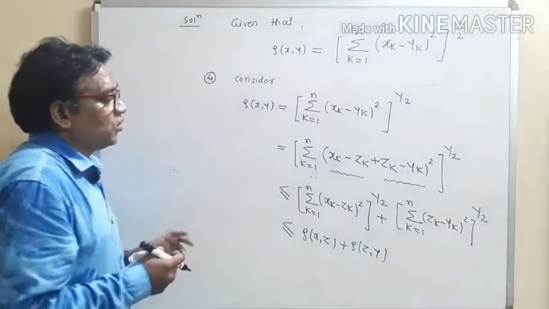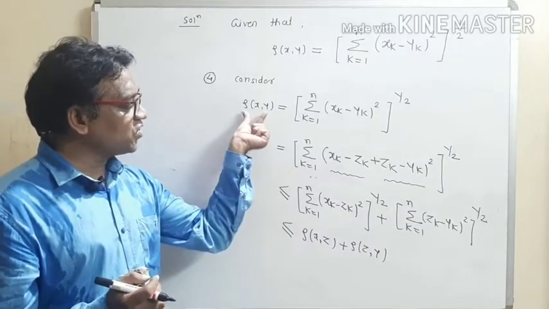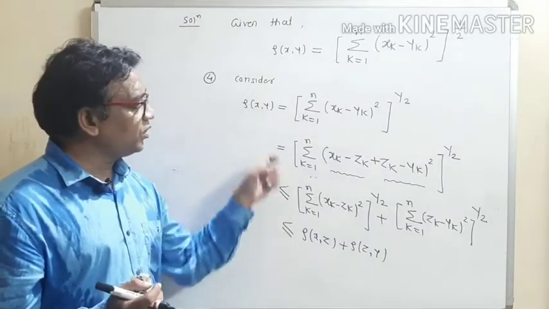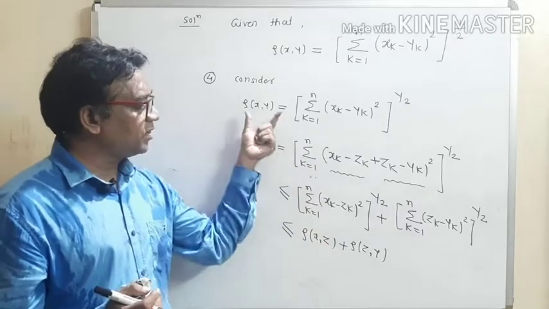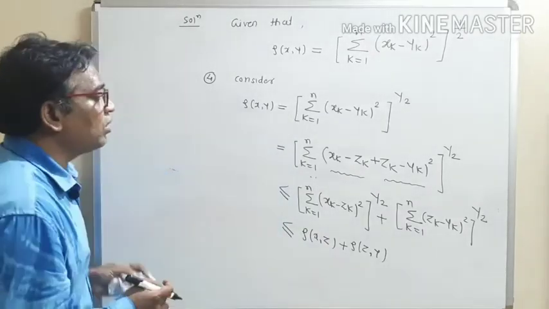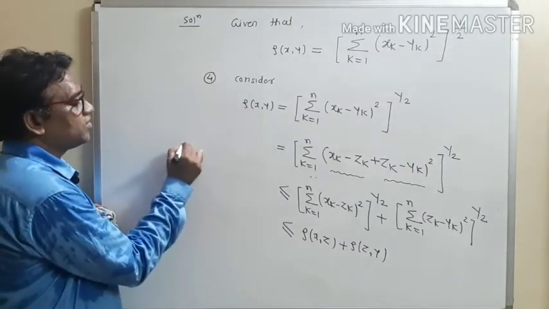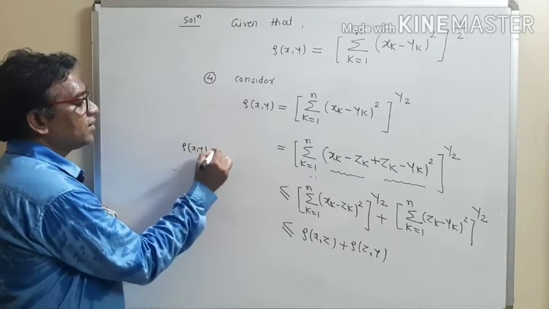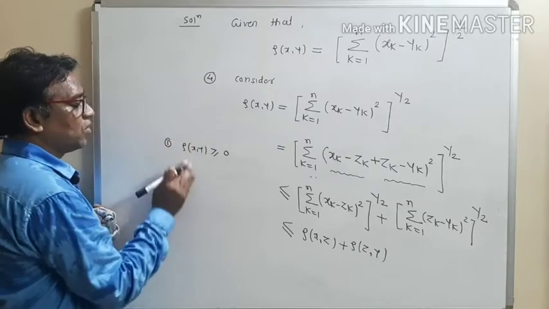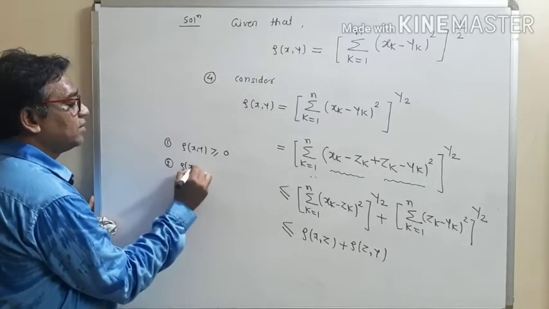So see, we have shown the triangle inequality property: distance of xy is less than or equal to distance of xz plus distance of zy. So we have seen all the 4 conditions of a metric space. What is the first condition? Show that the distance of xy is non-negative. What is the second condition?